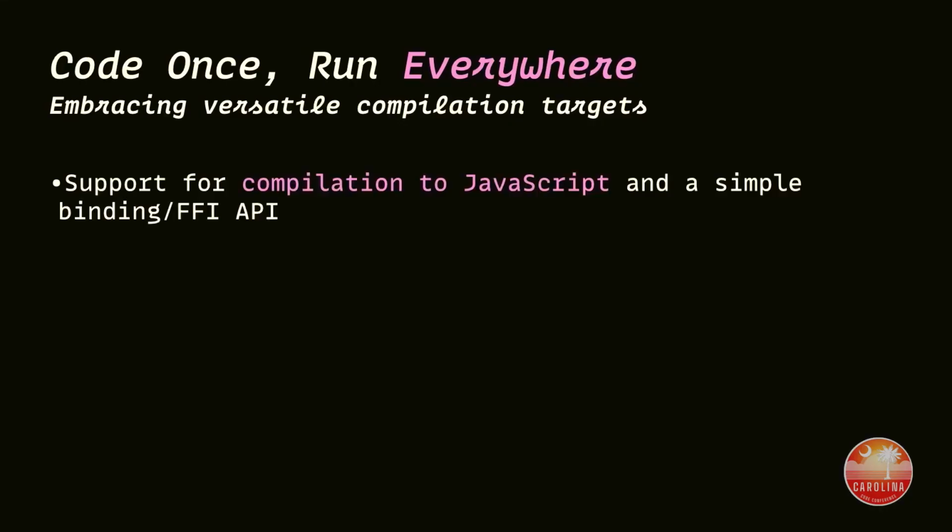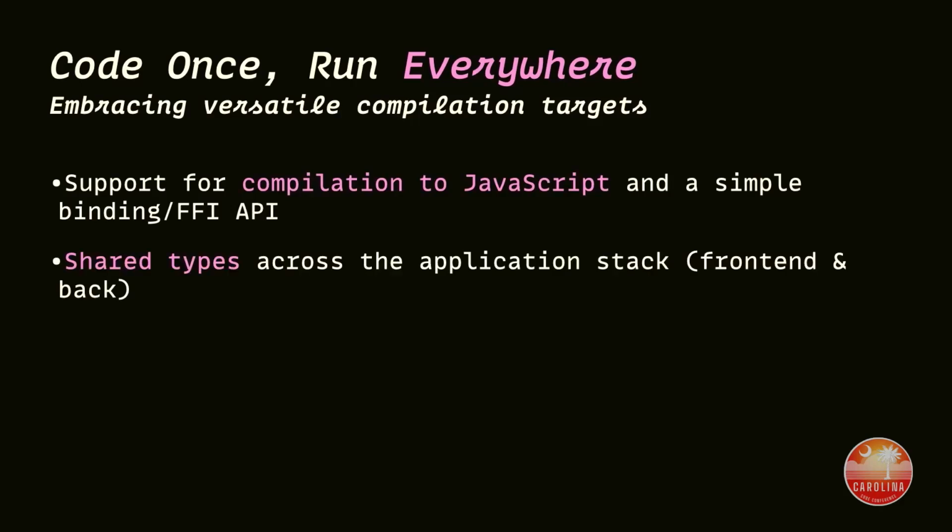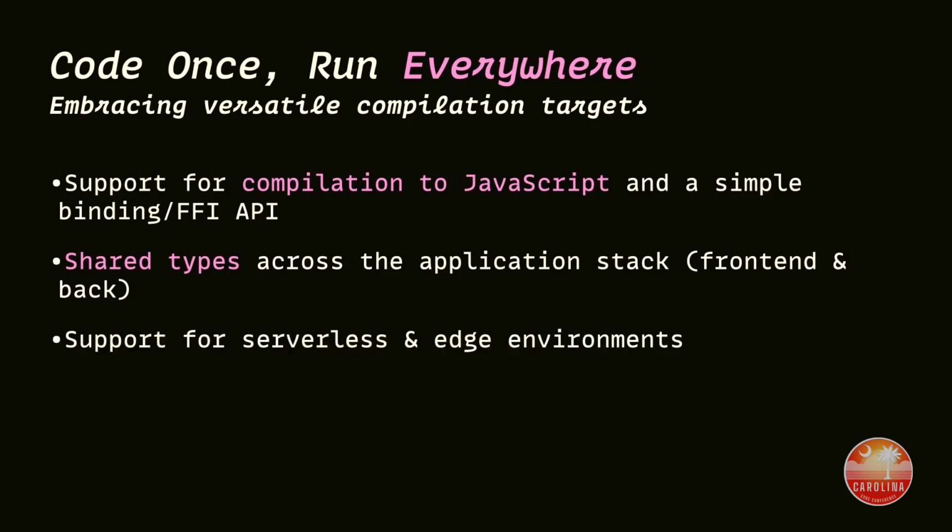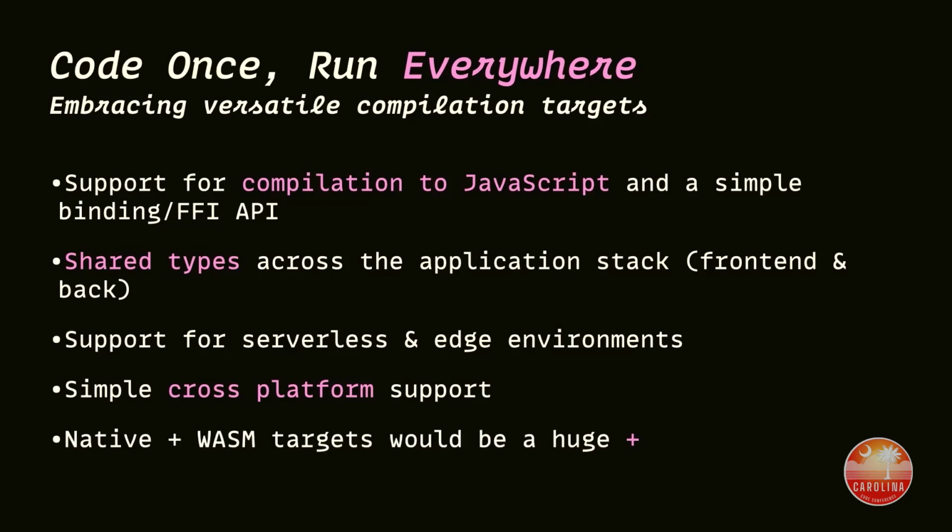I want support for compilation to JavaScript so I can run it in the browser or on the edge, and I want to be able to easily bind to existing JavaScript packages. I want to be able to share my types across the front end and the back end. I would love to have support for serverless and edge environments. I also want simple cross-platform support, and a huge plus would be having native and WASM targets.